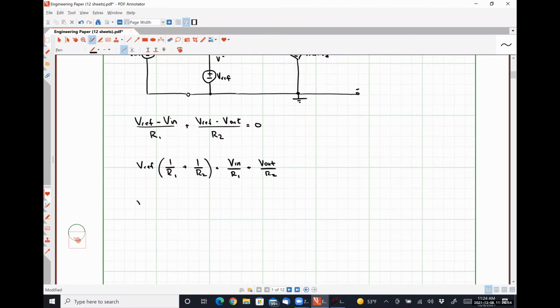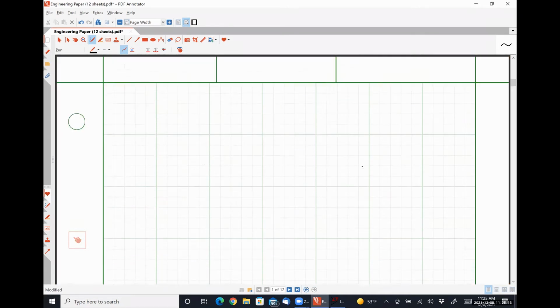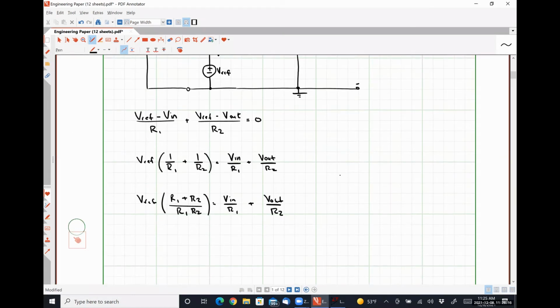So this is going to be Vref times R1 plus R2 divided by R1 times R2 is equal to Vn over R1 plus V out over R2.